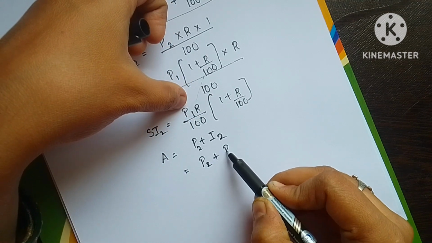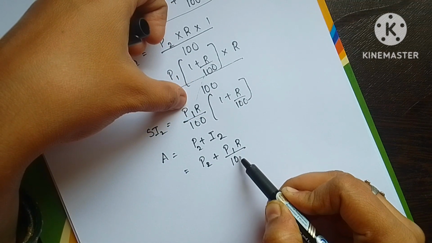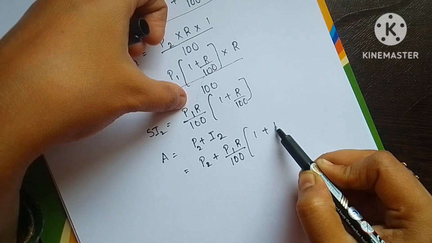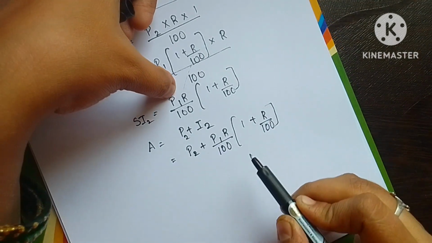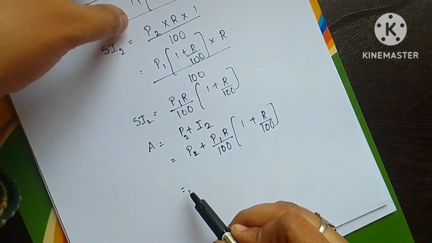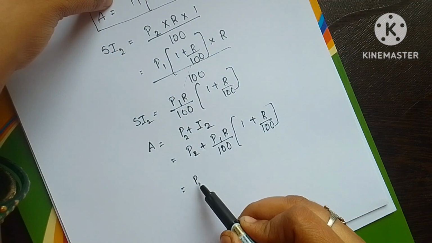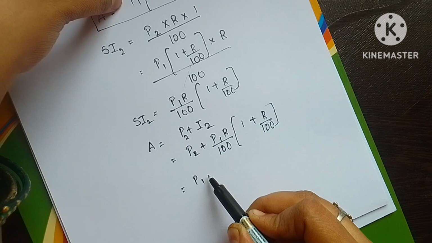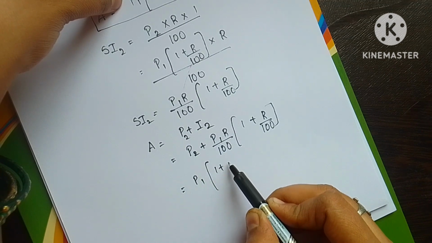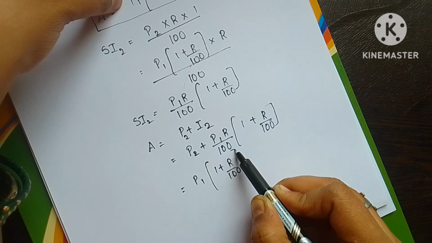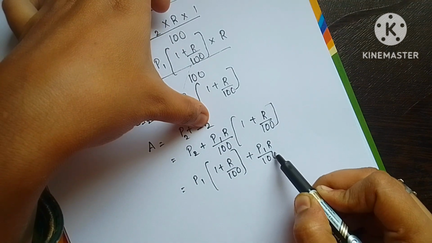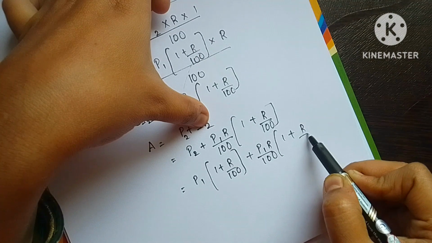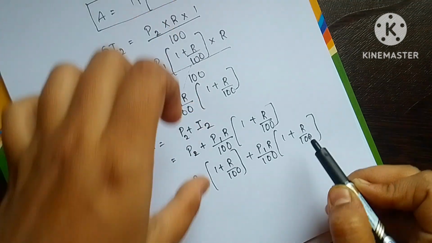What have we got? P1 R by 100 into 1 plus R by 100. And again here P2 is P1 into 1 plus R by 100, plus P1 R by 100 into 1 plus R by 100.